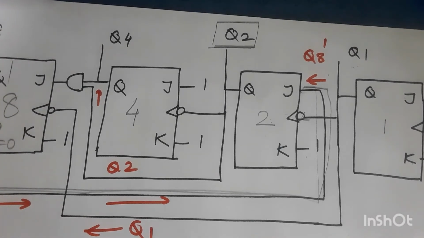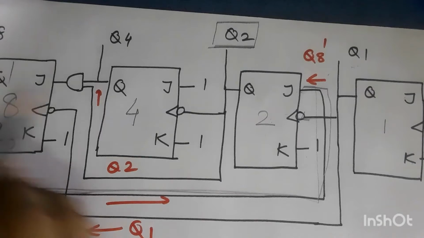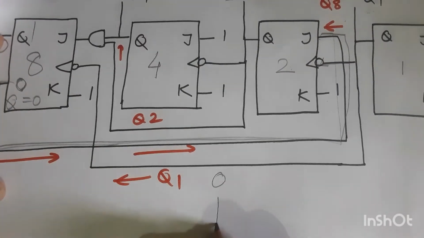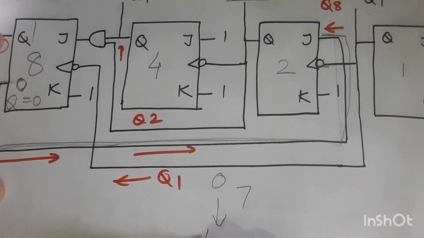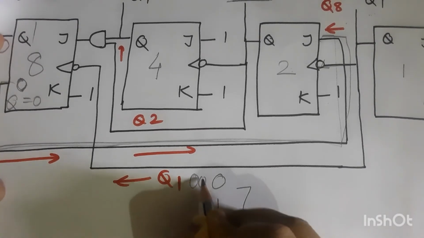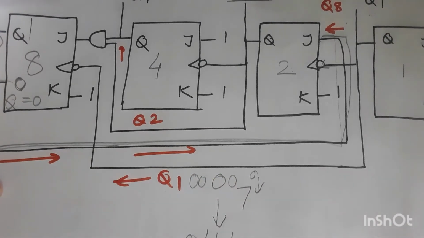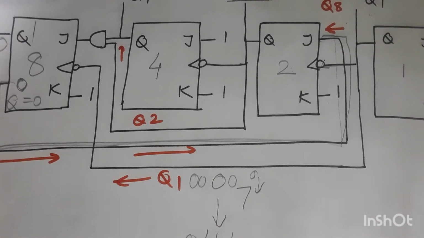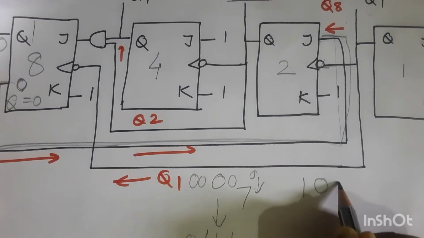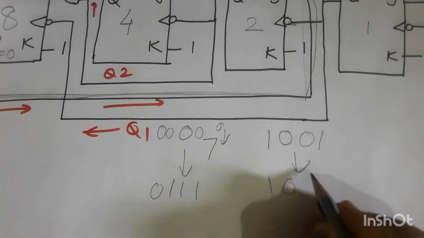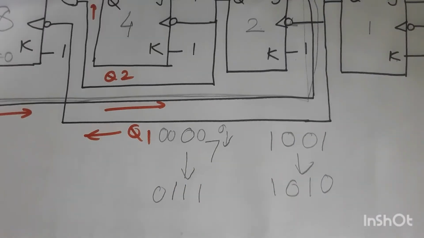This is the condition, if you understand, from 0 to 7. From 0 to 7, Q2 can be complemented. Whenever it goes from 1 0 0 1 to 1 0 1 0, that will not happen.